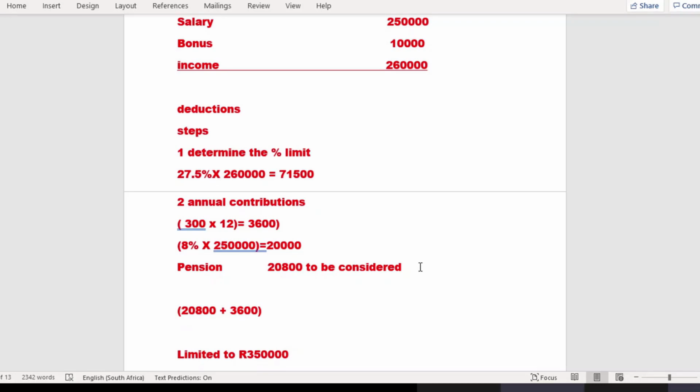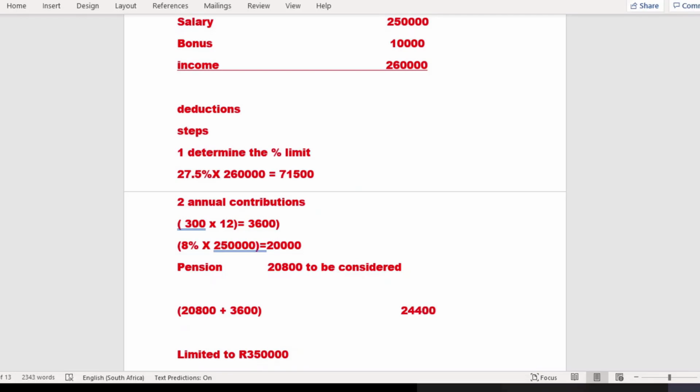We don't add the other 20,000 because it's lesser. Remember, it was given twice as the pension, so we take the greater of the two. If it was, let's say, 22, for example, we were going to take this one. So 20,800 plus 3.6 should be the one disclosed. It gave me an amount of 24,400 Rand.